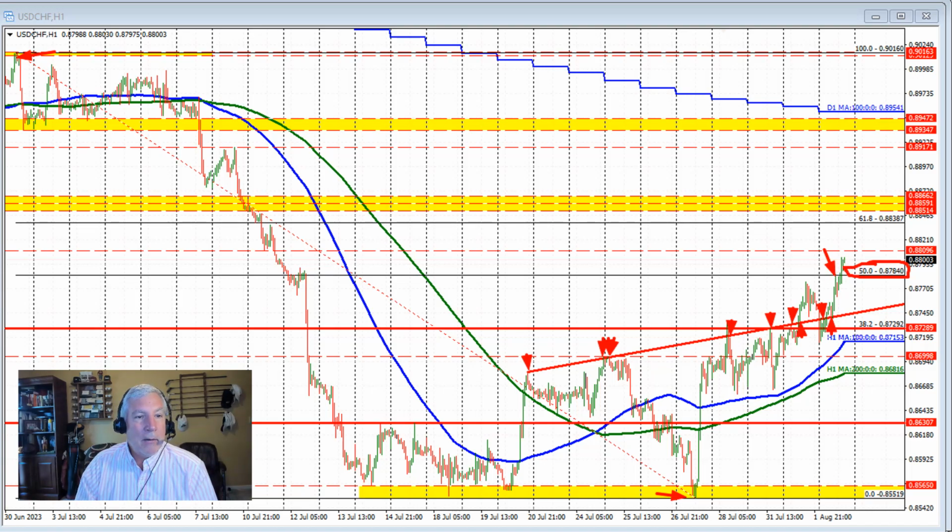So what next now? I have this level right through here as a next target. I wouldn't necessarily call it the best off the hourly chart, but certainly 0.88096. If we get above that level, that would open the door for a rotation toward the 61.8% retracement of the same move to the downside.